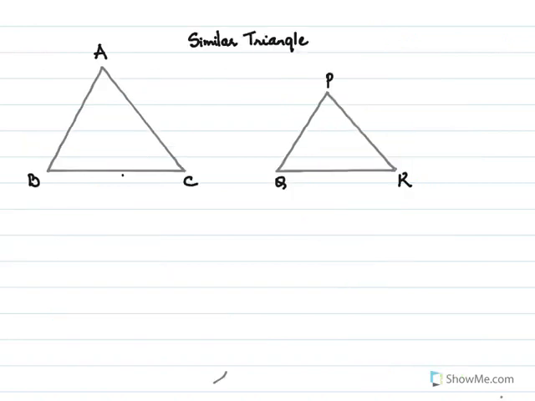Here we'll see what similar triangles are. If I say triangle ABC is similar to triangle PQR, what does it mean? That all the corresponding angles are equal.